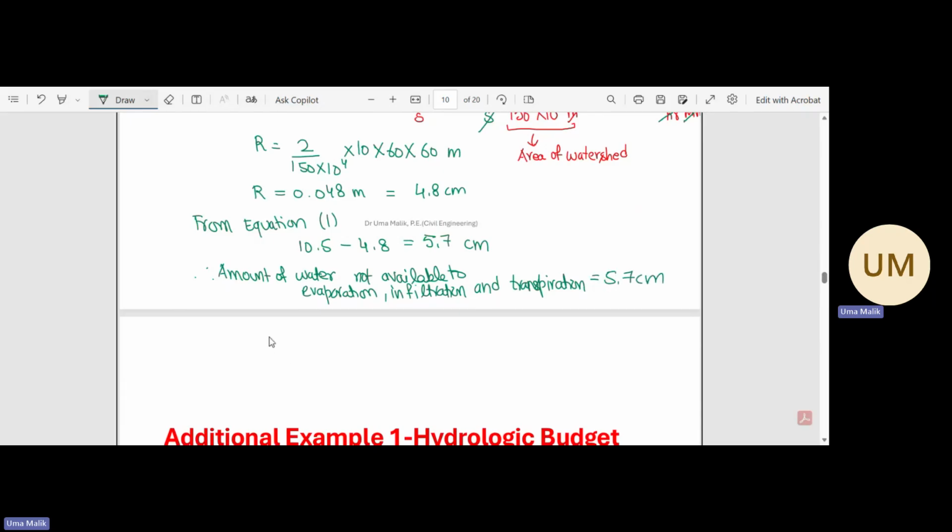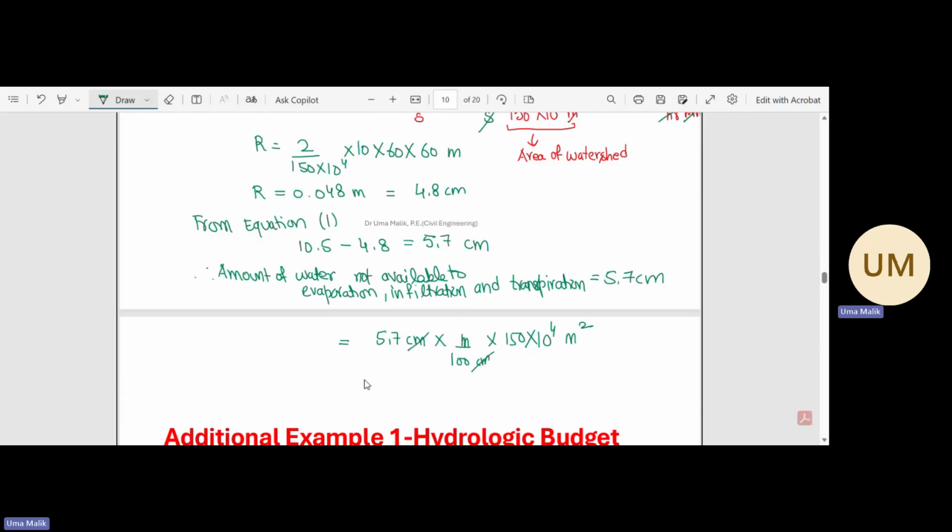What if I ask you the value here in meter cube? In the question I have not asked you, but if I did, this will become 5.7 centimeter into 1 by 100 centimeter in meters, into 150 into 10 raised to power 4 meter square.